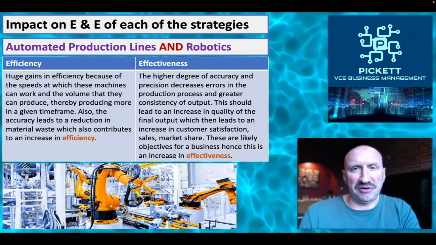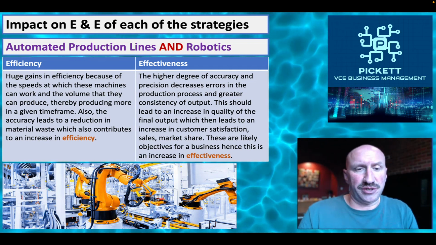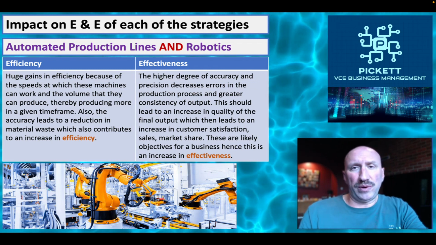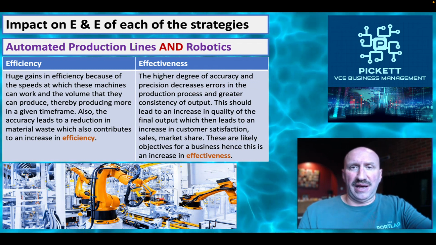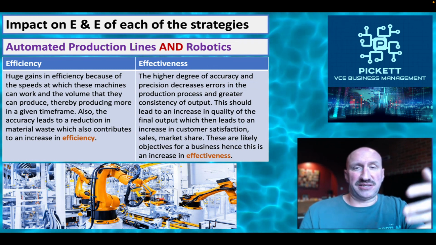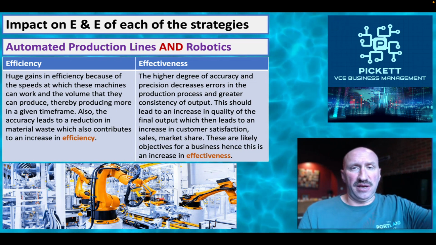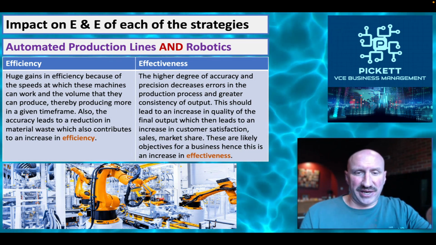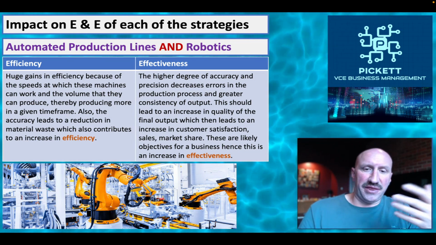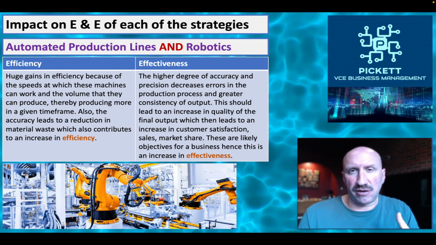That's why I've highlighted in orange, throughout this section, the term efficiency. Don't just leave it. All we're doing is explaining how this technology impacts efficiency and effectiveness, but finishing that explanation with, therefore contributing to an increased efficiency, or, therefore, this is an increase in effectiveness. Hopefully you understand what I mean.